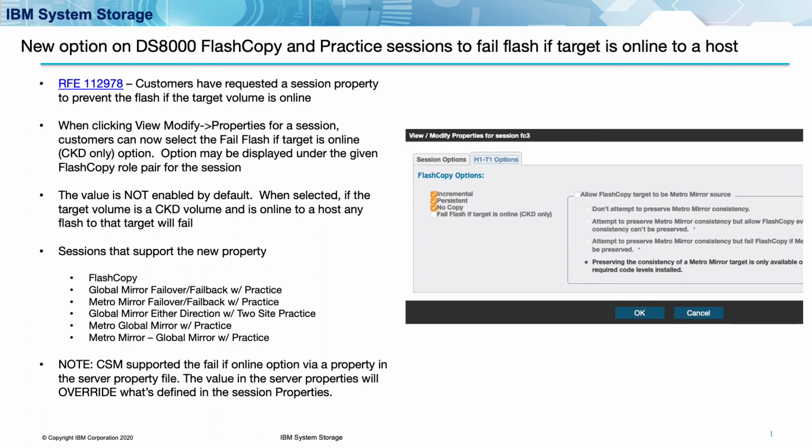So if you've set it before in the server properties, that will override it. But I encourage you, if you did that, to go check it in the View Modify Properties and then remove it from the server properties to avoid any confusion or support issues later on down the line.